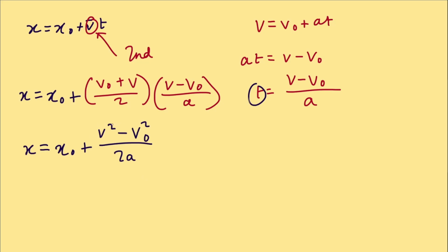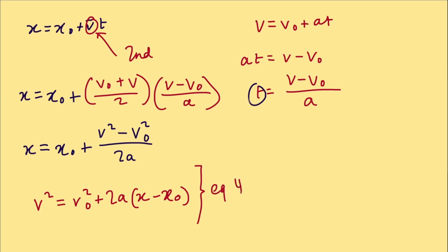If you went and rearranged the equation and solved for velocity squared, it would end up as v squared equals v0 squared plus 2a times displacement. This is the final kinematic equation, and it's used when you don't know time, but you have stuff to solve.